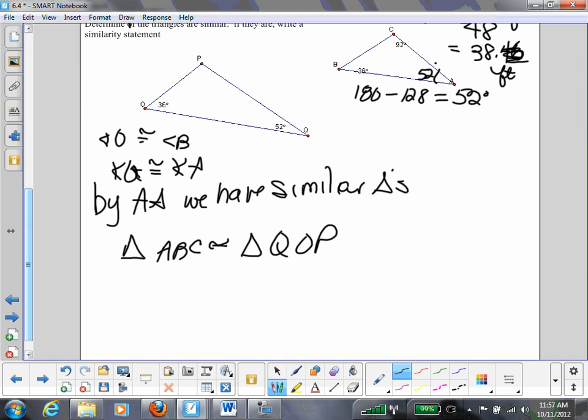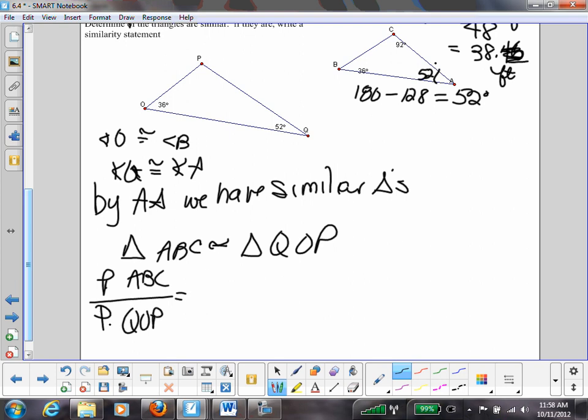If I wanted to go further, what would we say about our proportionality statement then? And this is what Kathleen wanted to say. Now I'm second guessing myself. What did I want to say? Sarah? Okay, so you want to, okay, go ahead. Perimeter of ABC over the perimeter of QOP is equal to?